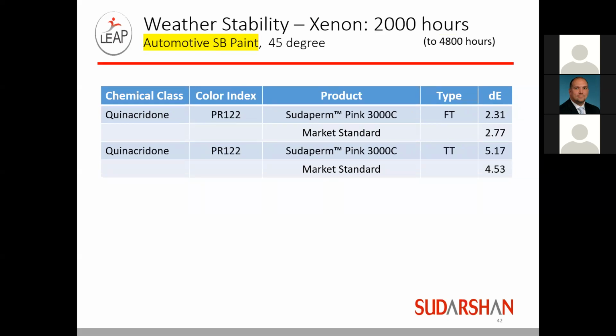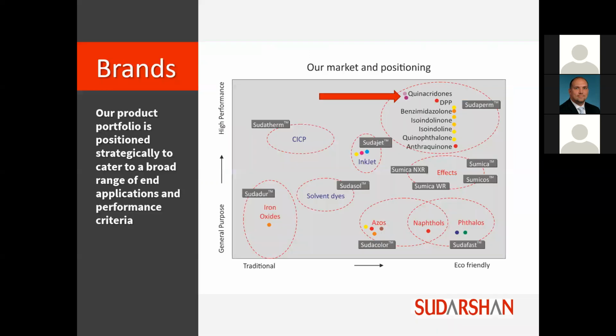And then from the pigment red 122 space, this particular series is still ongoing. But up until now, we see some nice results in this solvent-based automotive paint type of formulation for accelerated weathering.